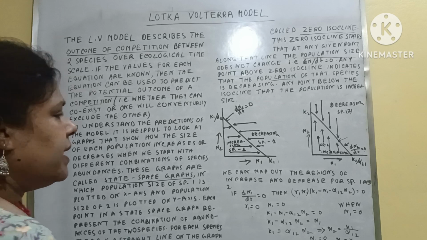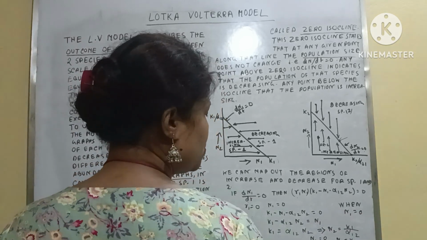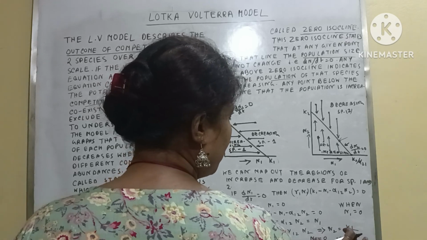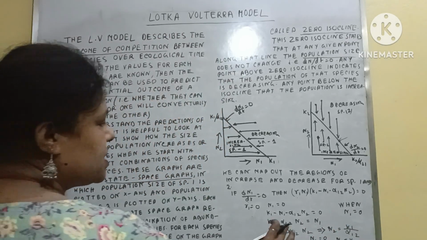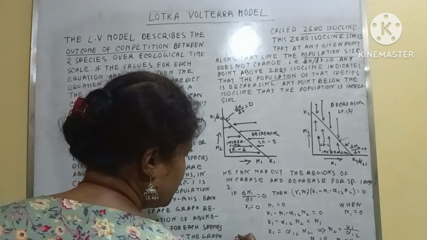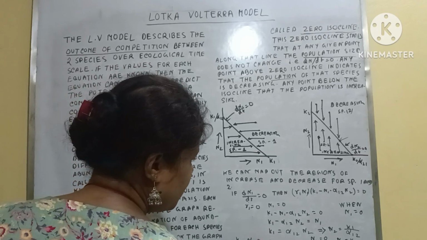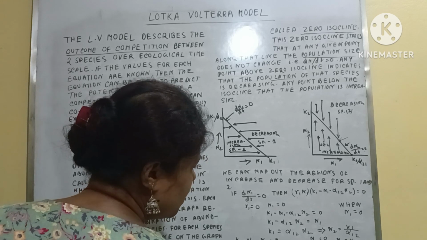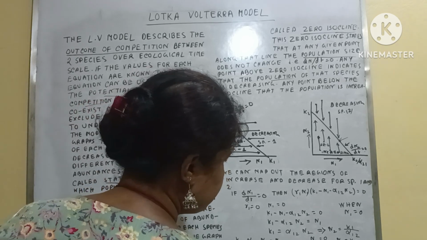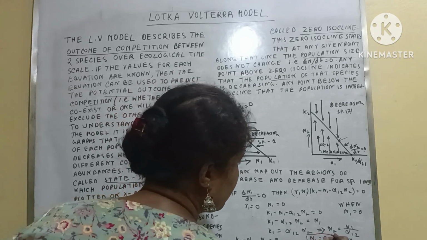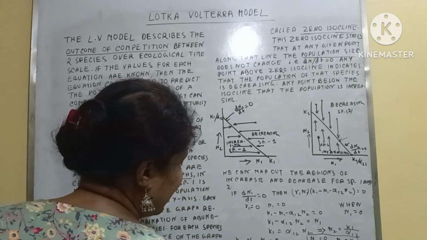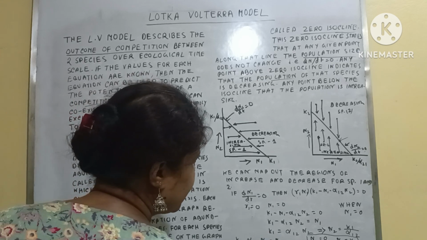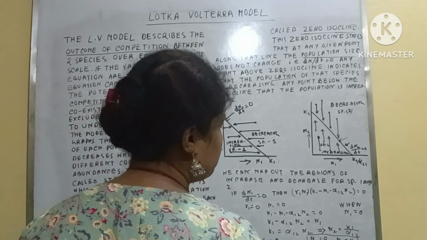So when n1 is 0, n2 is k1 by alpha 1 2. In that situation, alpha 1 2 n2 equals... if n2 is 0, that means this term becomes 0, so you can write that k1 equals n1.